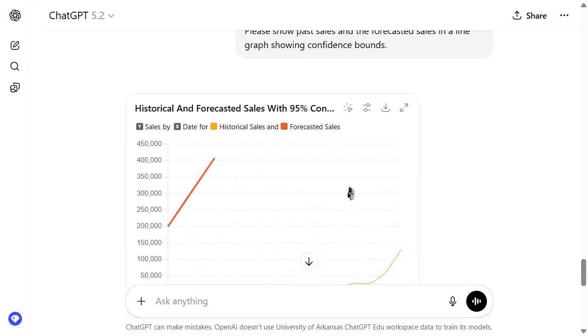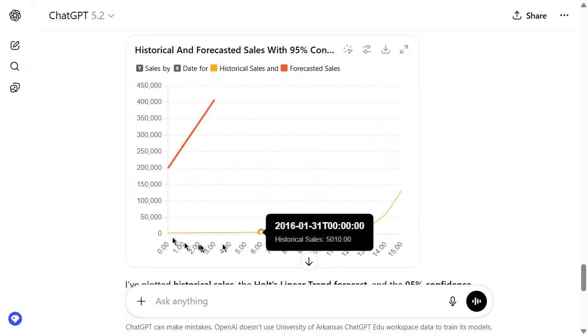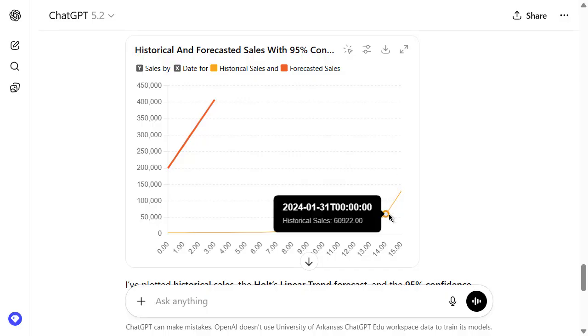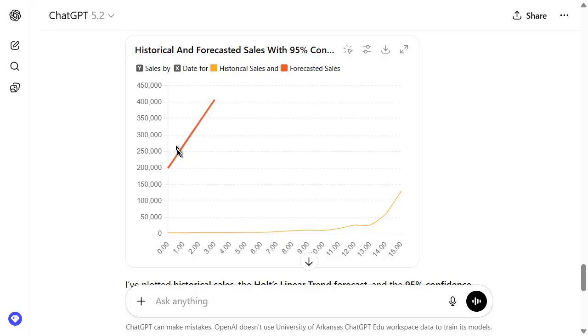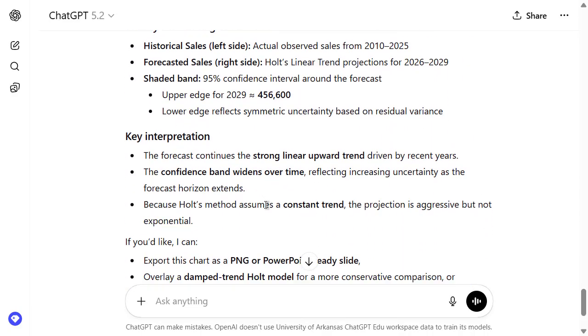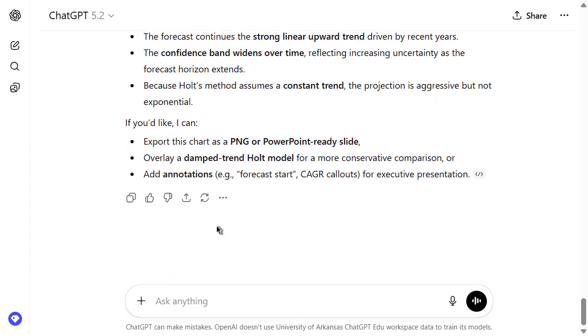So this actually didn't do that great of a job. This is over the past time period. I wish it would have shown the years, and this is the forecast over the next few years. What I was hoping is that it would put it all together. I'd probably need to work with that and see what it looks like.